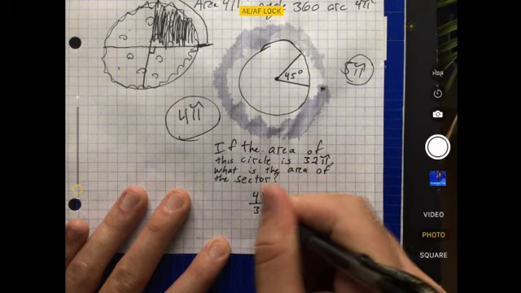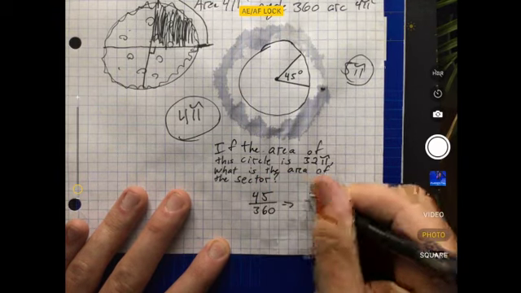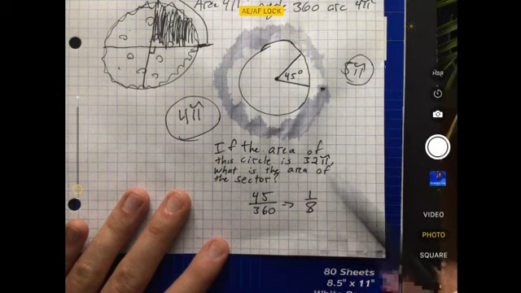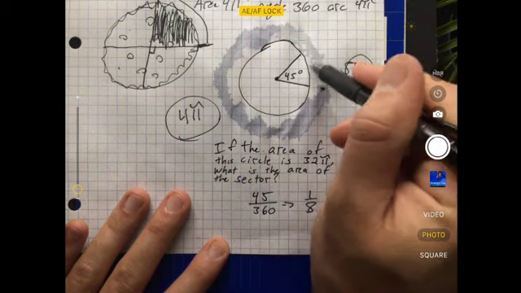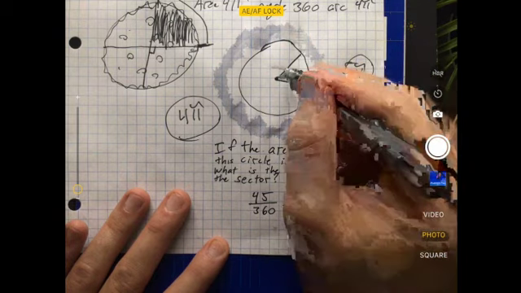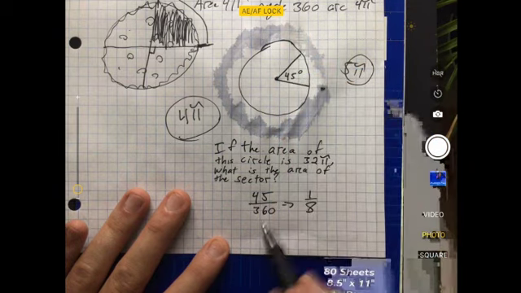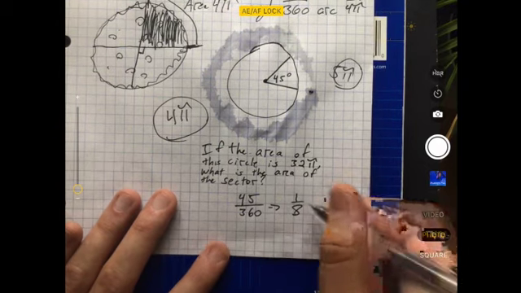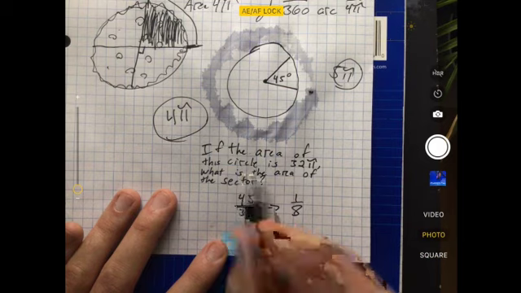So that means this sector is 1/8 of the circle, this arc is 1/8 of the circumference, and this angle, of course, is 1/8 of the entirety of the angles inside. So what is 1/8 of this area times 32 pi? For one, you're going to get 4 pi.